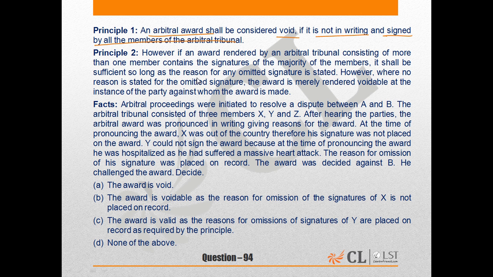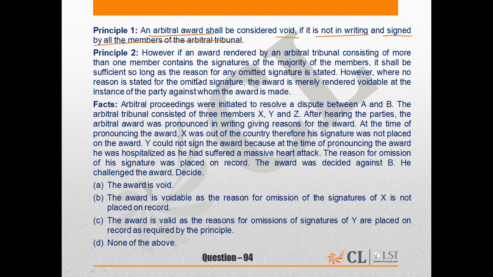So this means when you have a majority of signatures on your arbitral tribunal and one signature is missing, it would be sufficient if the reason for the missing signature is stated. But when there is no reason for the omitted signature, the award is merely rendered voidable at the instance of the party against whom the award is made.